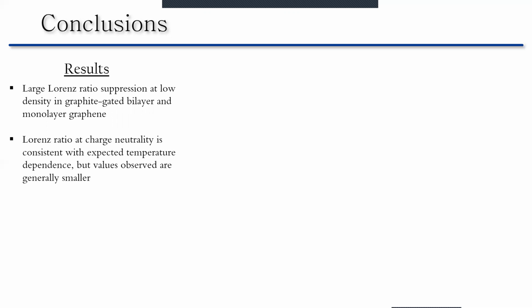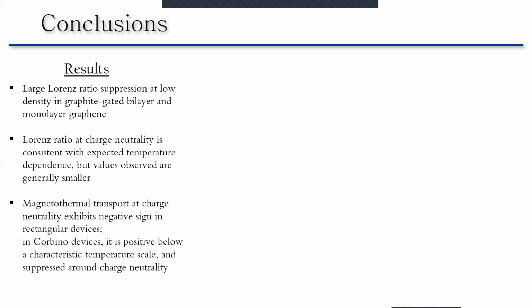At charge neutrality, the behavior is consistent with what one expects from the temperature dependence, but the values are not quite as large. And meanwhile, we have these magnetothermal transport signatures. It's negative in rectangular devices and Corbino devices where it should be positive, below some temperature scale, and it has a suppression around charge neutrality.